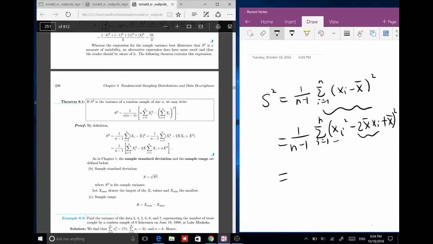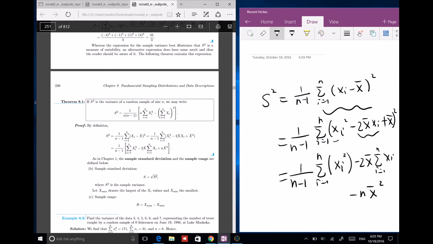You can simplify that as 1 over n minus 1, the sum from i equals 1 to n of xi squared, and minus 2 x bar. The x bar you can take out, because the sum of xi from i equals 1 to n, and minus n x bar squared. So that's how you prove it by definition.